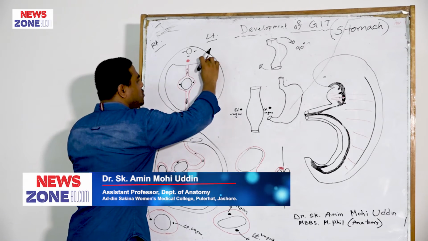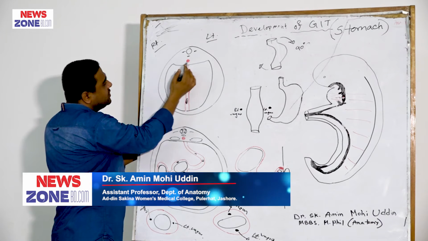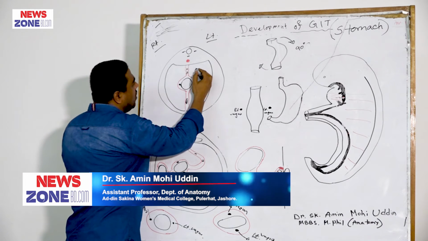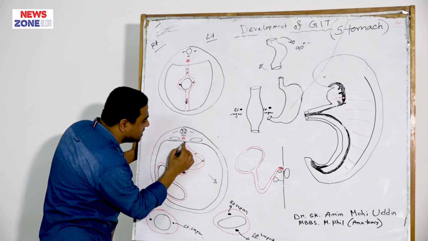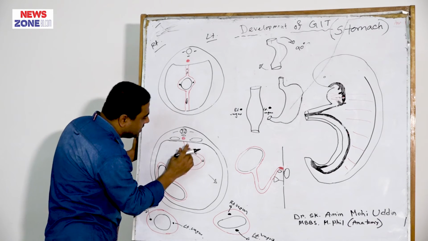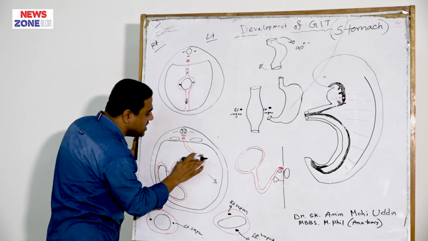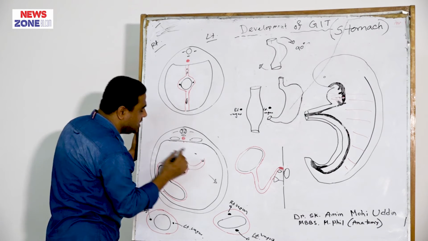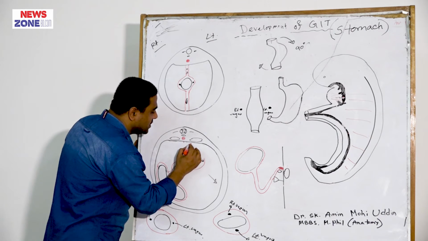This portion of the dorsal mesogastrium swings to the left side, and now the posterior leaf of the dorsal mesogastrium, when it shifts to the left side, the pancreatic bud now forms.